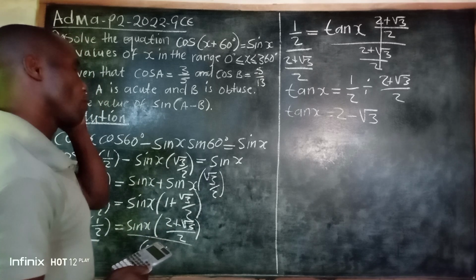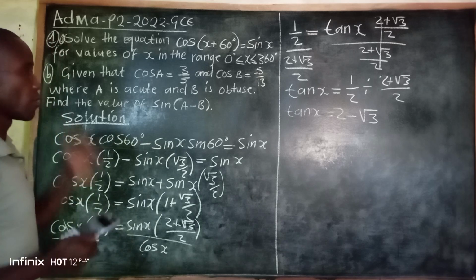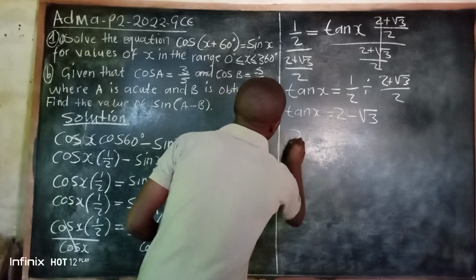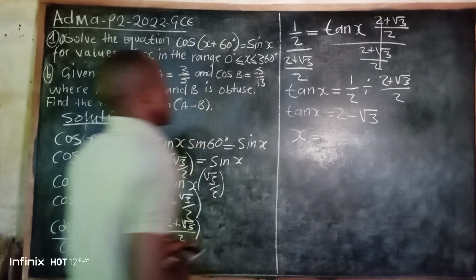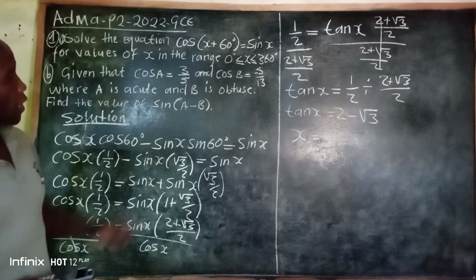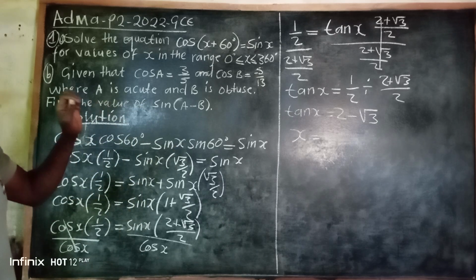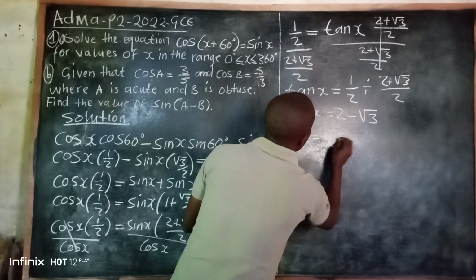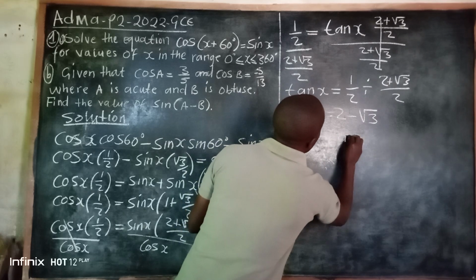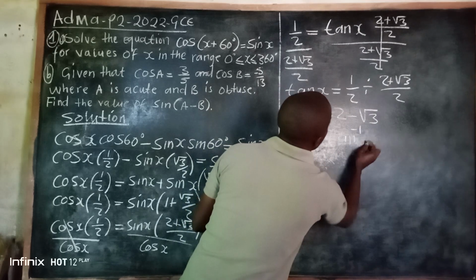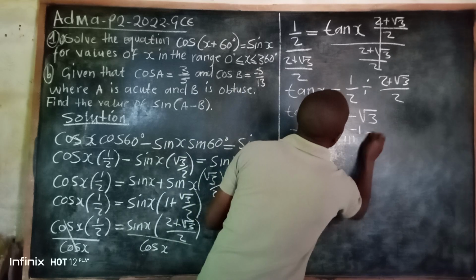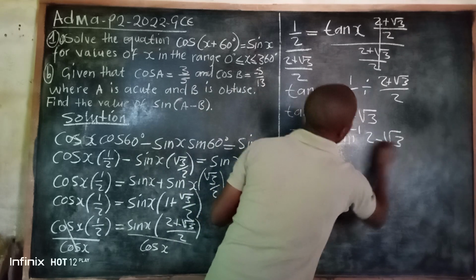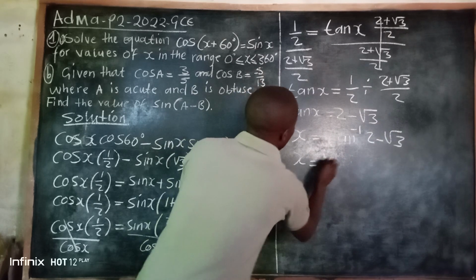So now what do we do for us to find the value of x? Because here what we want is the value of x. So x is equal to shift tan on the calculator. When you shift the calculator, it will look like this.